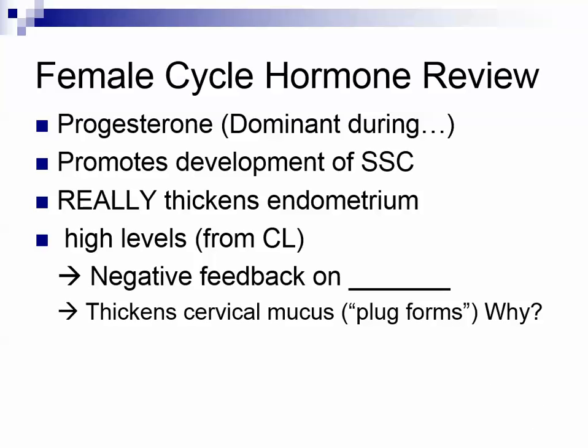One effect I've not talked about yet is that it thickens the cervical mucus. A plug forms. Why? Well, once that progesterone level rises, that egg has been ovulated. So if sperm come in and want to try to fertilize an egg, it's too late. The door is shut. If the woman does get pregnant, that cervical mucus will really thicken under the continued influence of progesterone, and it forms what's called a cervical plug.